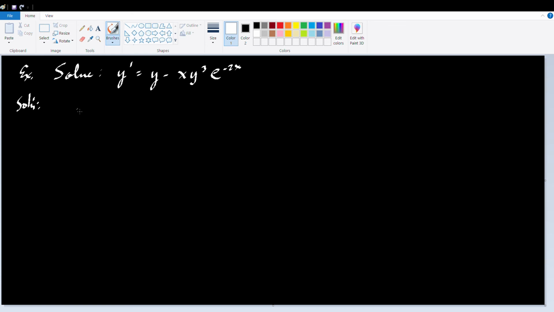So we write y prime as dy/dx equal to y minus x y cubed e to the minus 2x, or dy equal to y dx minus x y cubed e to the minus 2x dx.